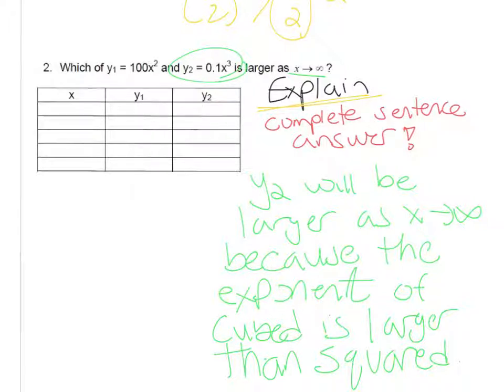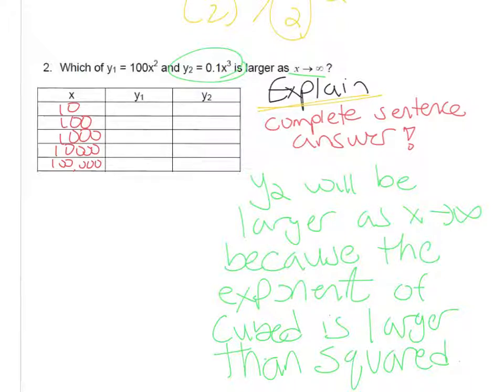So now we can verify that with a table of values. Let's look when x is 10, 100, 1,000, and we'll even go to 10,000 and 100,000. And we're going to use our calculator. So in y1 I'll put 100x squared, and in y2 I'll put the other function.